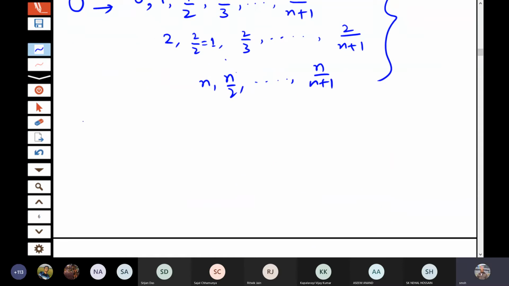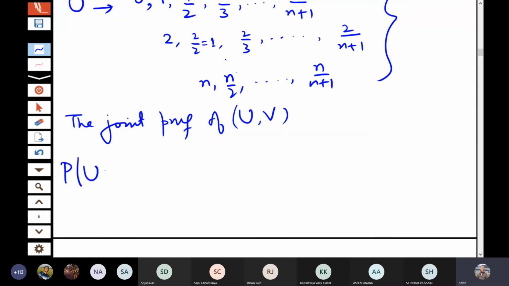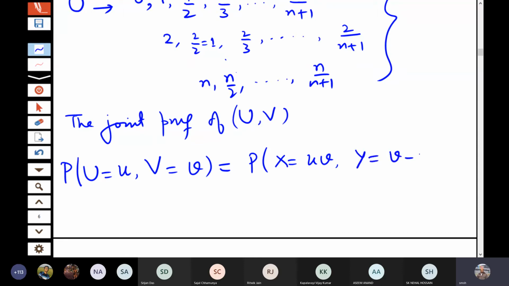So the joint probability mass function of u, v, that is probability that u is equal to say small u and capital V is equal to say small v. So that is probability x is equal to uv and y is equal to v minus 1.